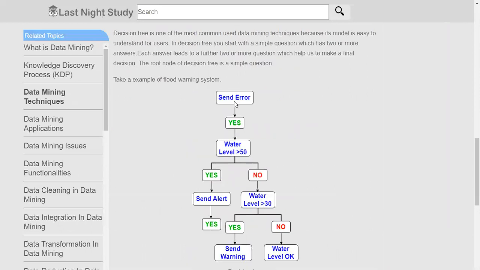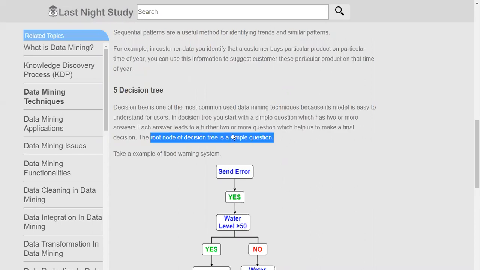As the name suggests, the decision tree is a data structure, and a tree has a root node. The root of the decision tree is a simple question. In a normal tree, you have a root node, in between you have sibling nodes, and you have child nodes. So this is a normal tree data structure.